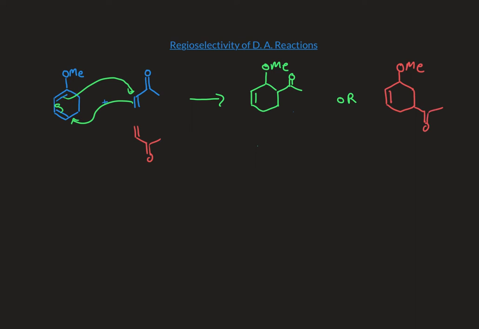In order to understand which of those products is more favored, we have to consider resonance. For the diene, we have a resonance structure.